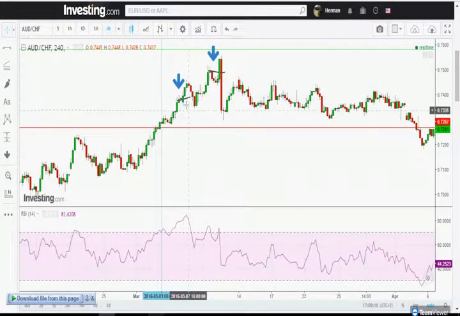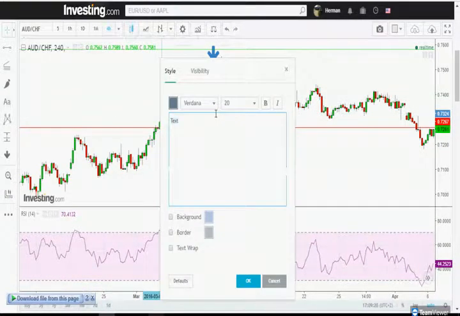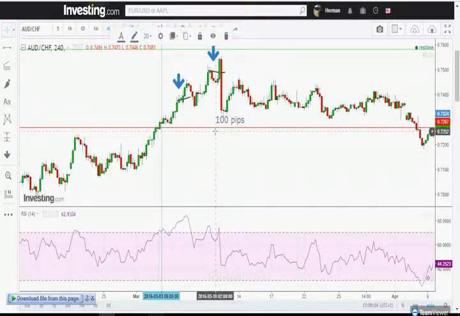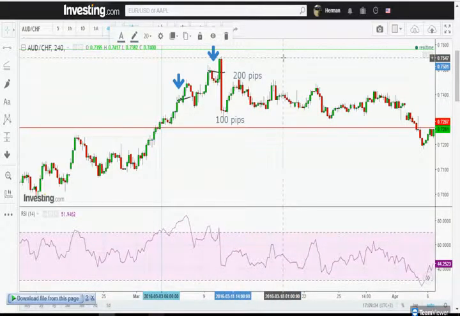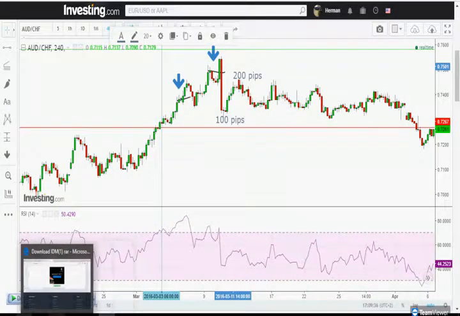So it means I got 100 pips from the first trade, then 200 pips from the second trade. That's 300 pips.